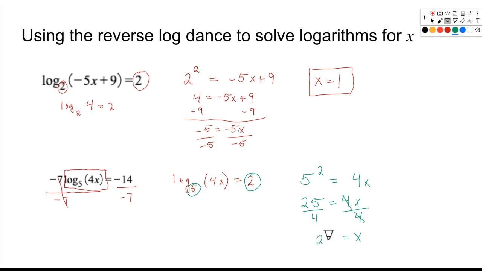It doesn't make too bad of a decimal. 25 divided by 4 is going to be 6.25. Right? 4 goes into 24 6 times, with 1 left over, and 1/4 is a decimal of 0.25. So there's another way. And both of these are exact answers because we didn't round. So we should be able to list either one.